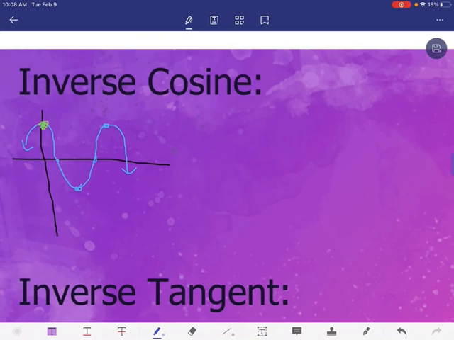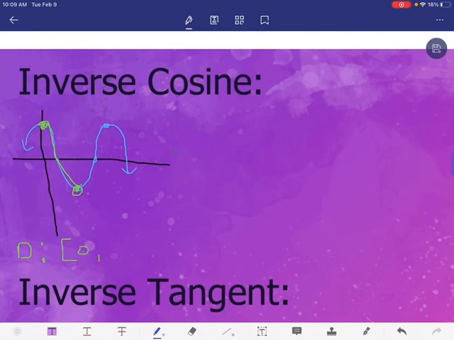So if we start at (0, 1), notice that if we come down all the way through to our minimum, we've hit all of our y values from -1 to 1, and that portion will pass our horizontal line test. So notice that our domain that we've restricted it to is going to be from 0.